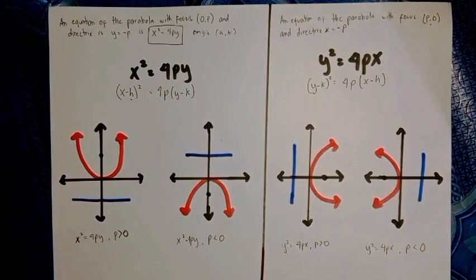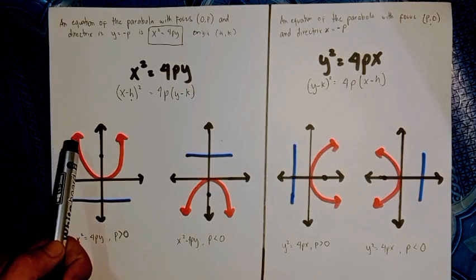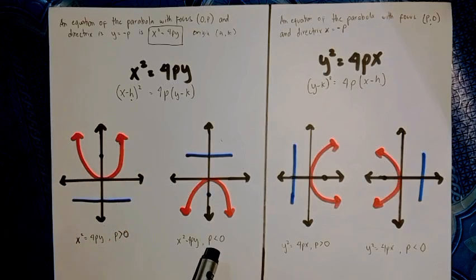Remember that (h, k) is the center. Take note that if p is greater than 0, the parabola opens upward, and if p is less than 0, the parabola opens downward.